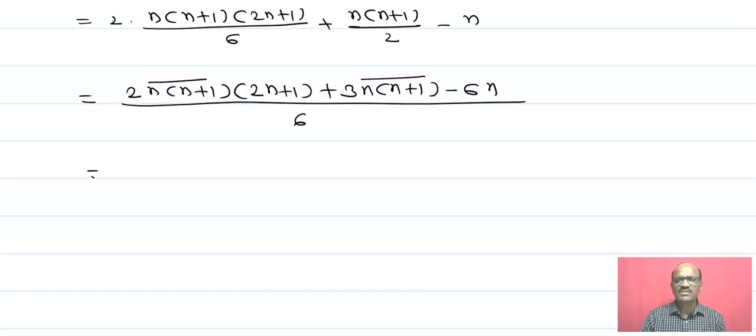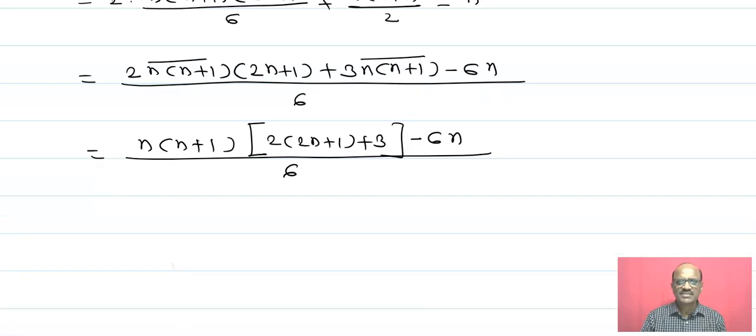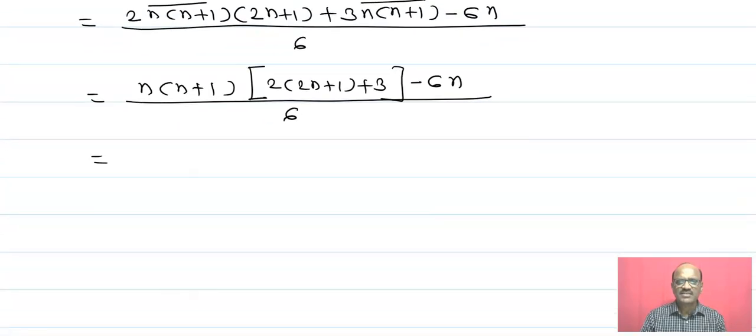Now from these two terms we will take the common n into n plus 1 in bracket 2 in bracket 2n plus 1 plus 3 bracket complete minus 6n divided by 6.